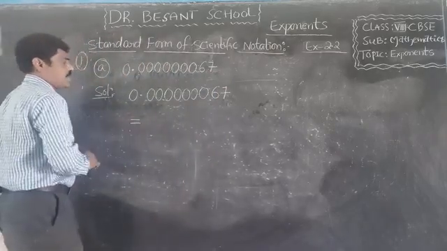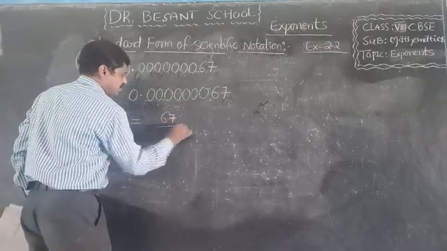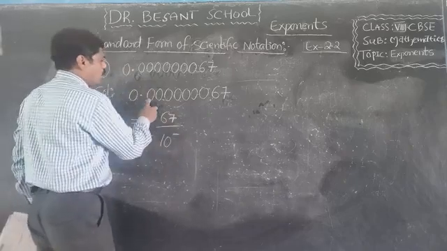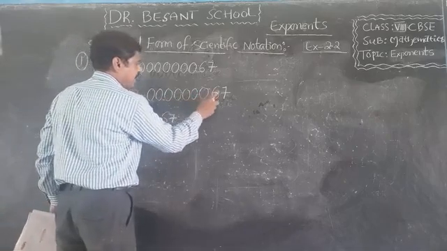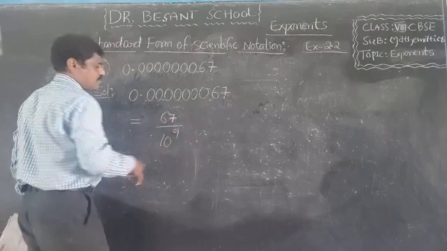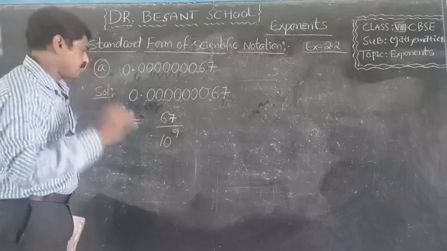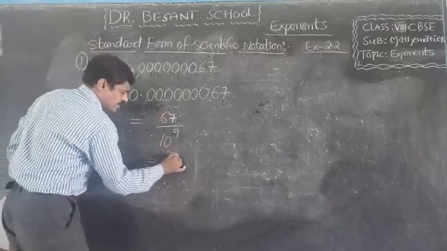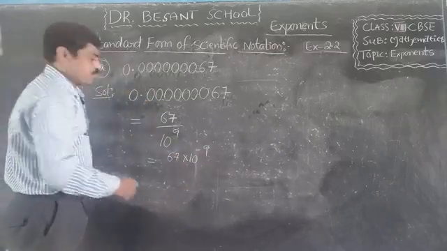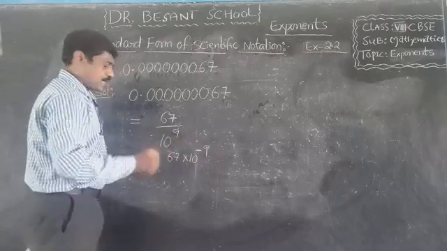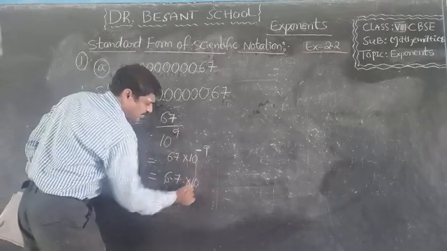Next. So this is 67 by 10 power count. After decimal, 1, 2, 3, 4, 5, 6, 7, 8, 9. So 67 by 10 to the power of 9. Again this one, 67 into 10 to the power of minus 9. Next, this is 6.7 into 10.